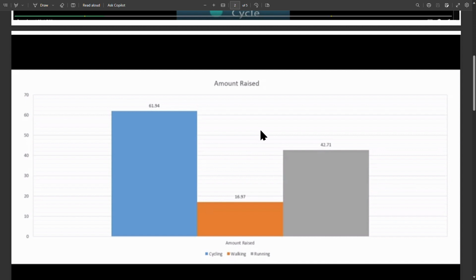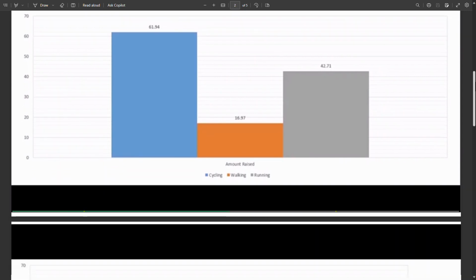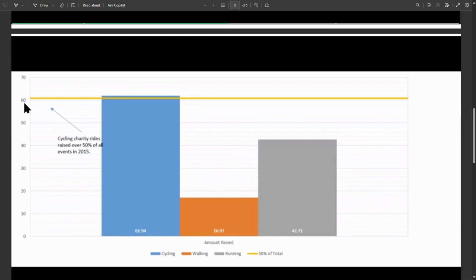For that, we can put a line that marks 50% of the total sum, and it will show you that cycling is earning more than 50% of the total. That means cycling is earning more money than walking and running combined. This helps the user to read the bar more easily without any extra math.